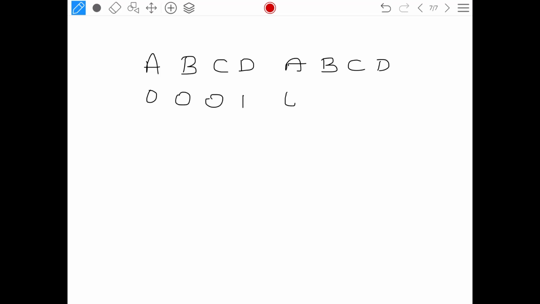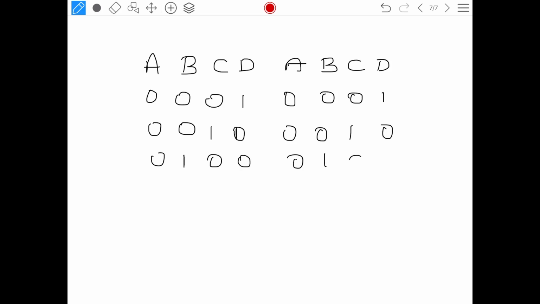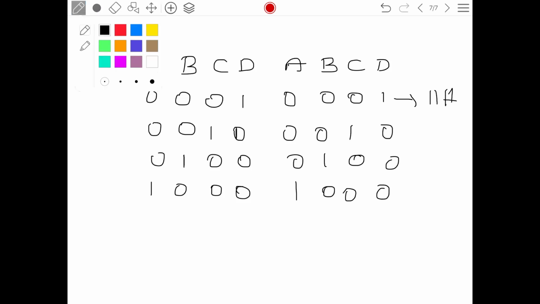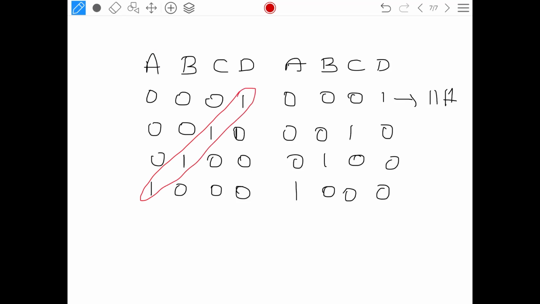Writing the sequence here, I will have A, B, C, D, A, B, C, D. First I energized coil D, next coil C, next B, lastly A. The first value is 11H, and in the sequence, I am rotating towards the left.